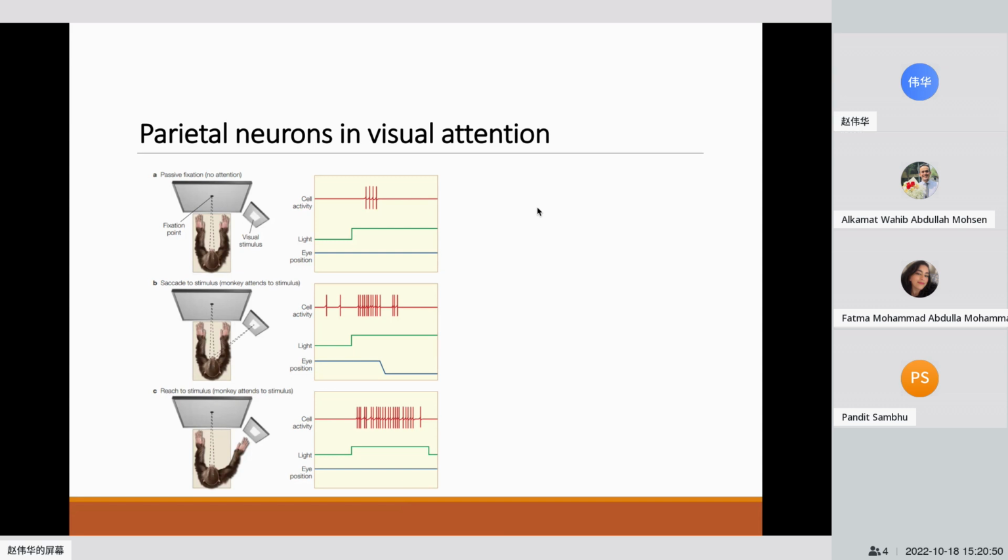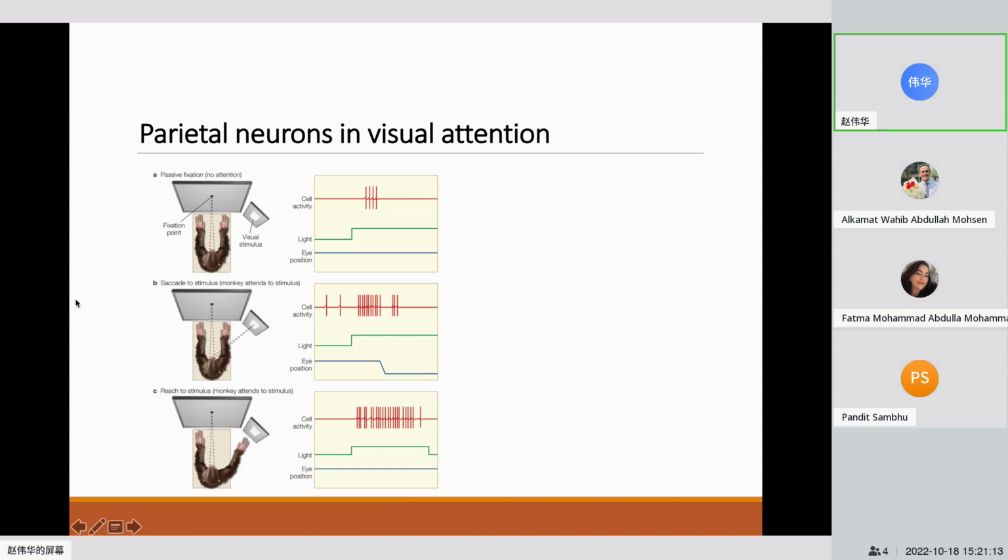This animal study showed the monkey was firstly required to passively fixate while a lateral field stimulus appeared. So here is just passive fixation.